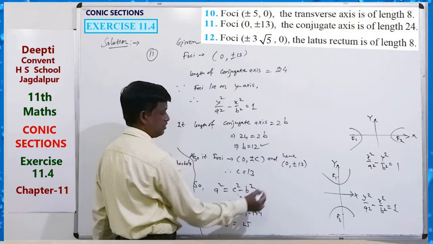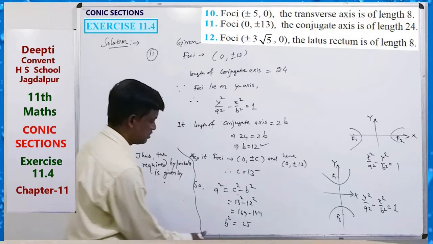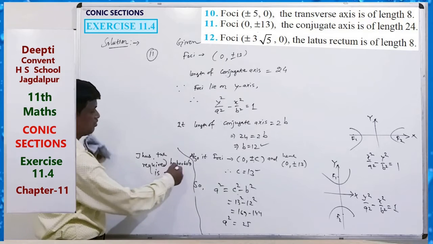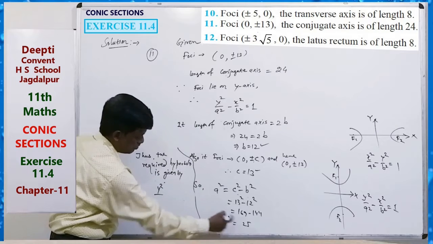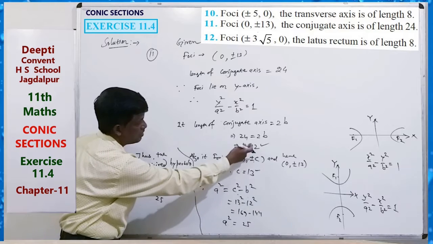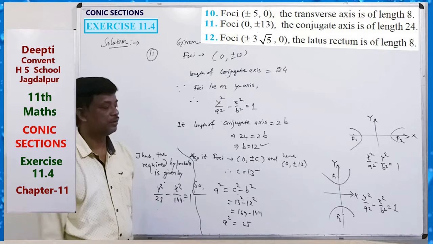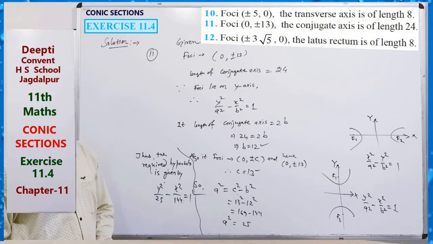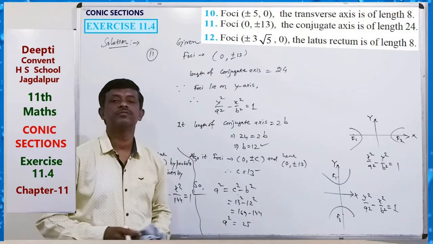Because here b is given and c is given, and we know a square plus b square equals c square, so a square equals this. So the required hyperbola is y square upon a square, 25, minus x square upon b square, 144, equals 1. So this is our solution. Y square by 25 minus x square by 144 equals 1. So just from the given condition we have to decide what will be the format of the hyperbola.